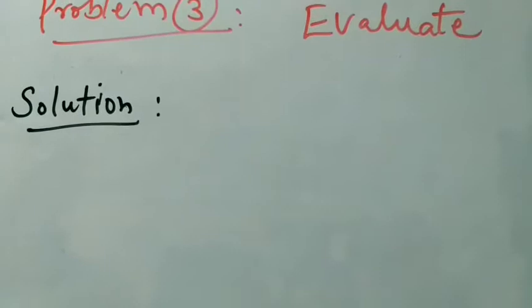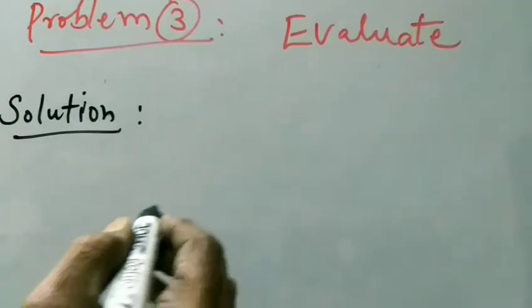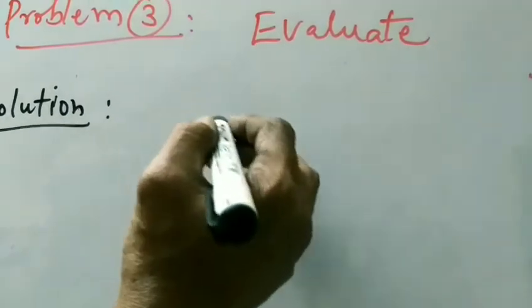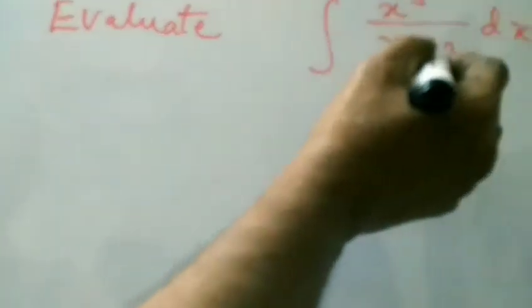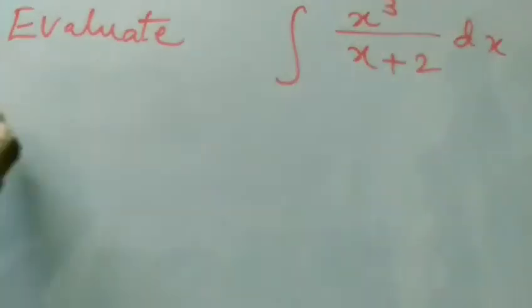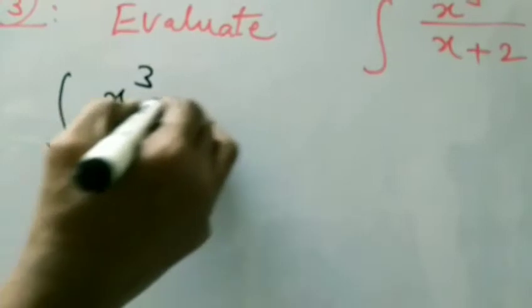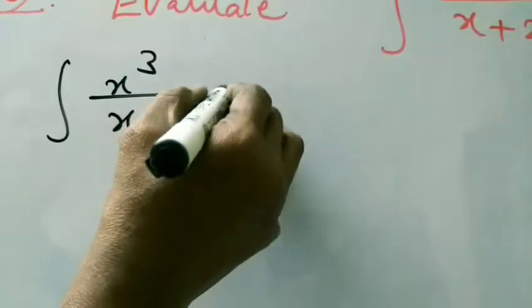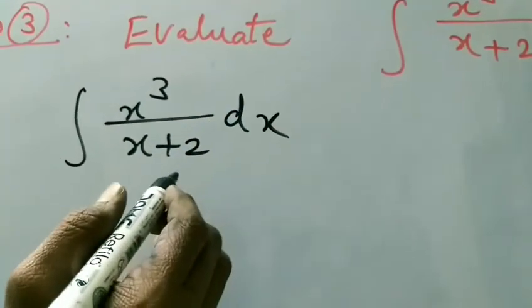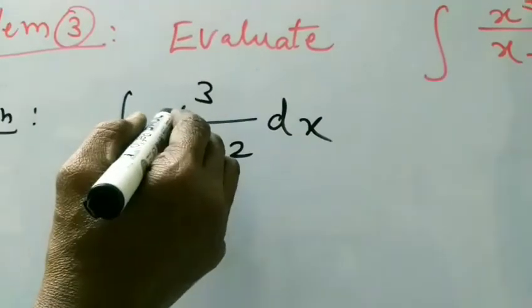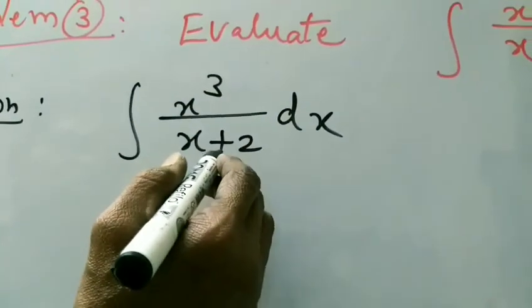Now solution follows. Given the integral of x cube by x plus 2 dx. So here the numerator is x cube, the denominator is x plus 2.